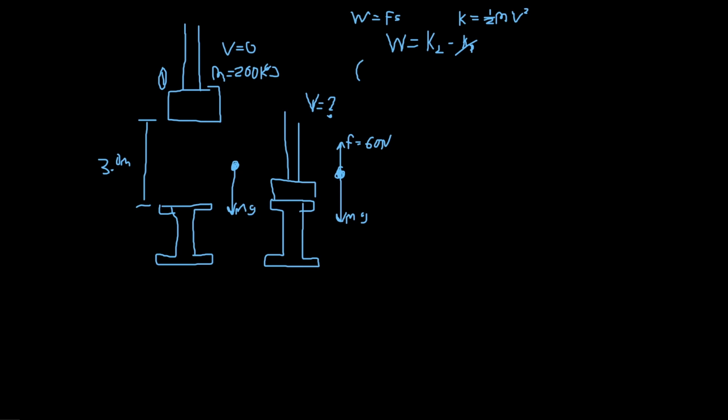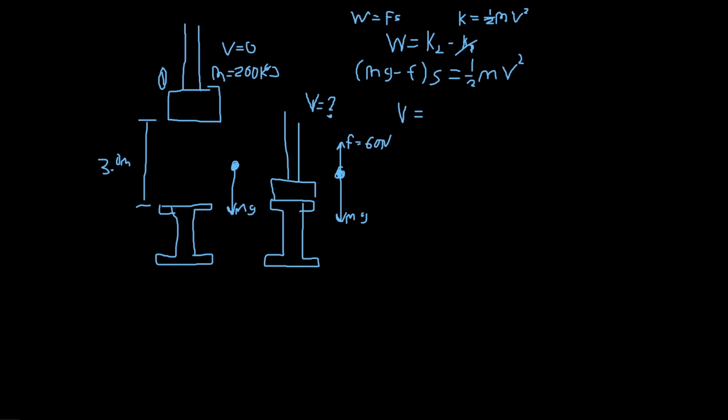So those are our knowns for the force, times our displacement, which is 3.0 meters, equals the kinetic energy final, which is 1 over 2 times our mass that we know, times the final velocity just as it hits the I-beam, which is what we're looking for. So this leaves us with just a single variable, velocity, which means we can solve for it now.